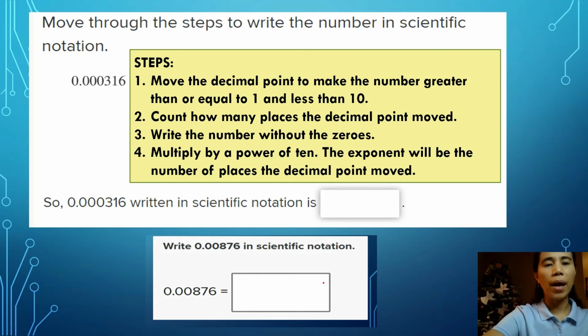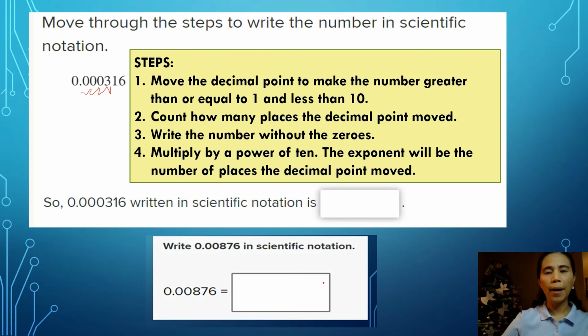Okay, so we have from here the decimal point after the 0. So we'll have 1, 2, 3, 4. Okay, so we have moved from the 0 to 3 because 3 is greater than 1 but less than 10. And then how many places? We have 4.